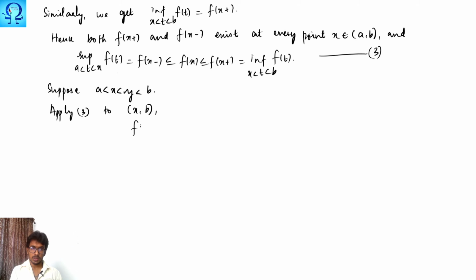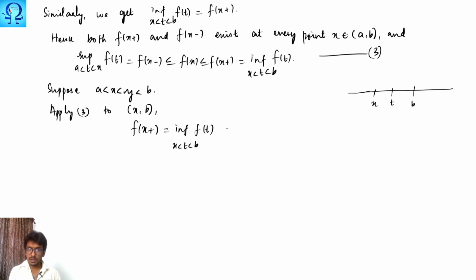So f of x plus is the infimum over x less than t less than b of f of t. Here, what I am doing is talking about the infimum: I will have x here, t here, and b here. From this I am talking about the infimum value. So that is going to occur only at x.